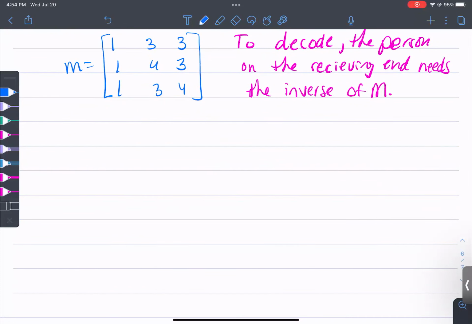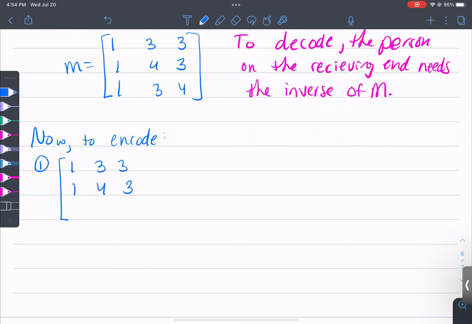So now to encode the first matrix, we're going to take our M matrix and multiply it by our first column matrix, which was 13, 1, and 20.